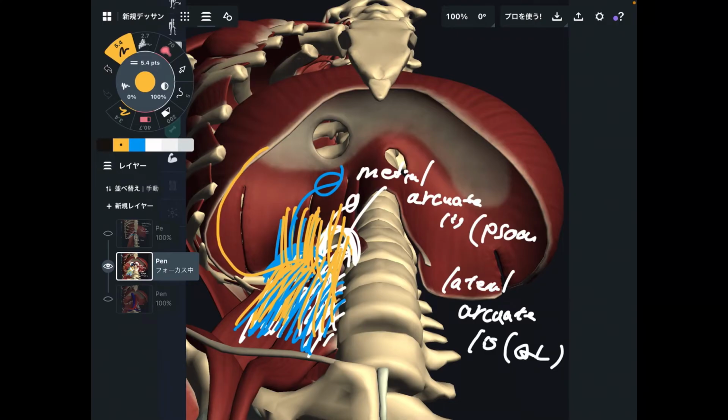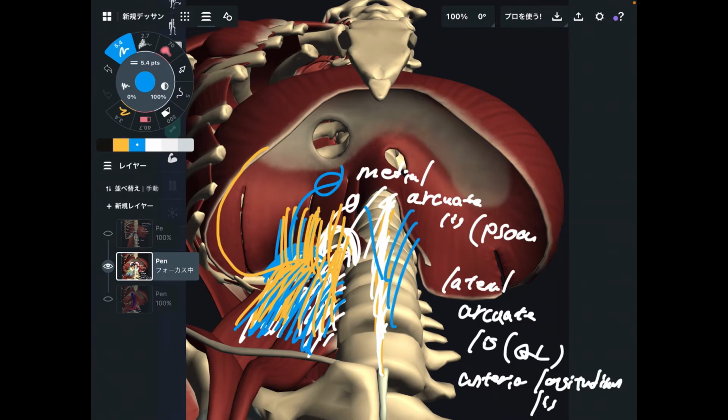Then one more structure I want to explain is there's connective tissue just in front of spines. This tissue is called anterior longitudinal ligament. This ligament goes all the way up to cervical spines. Diaphragm attaches to this ligament.